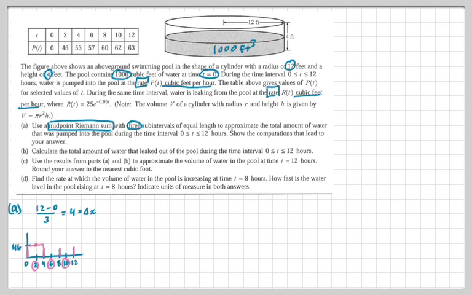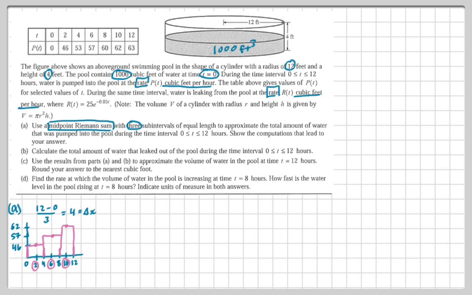And then this is what it would look like if we were to graph all those y values of the midpoints and then draw out our rectangles. At 2, we go up to 46, and so that's the height of our first rectangle. At 6, which is the middle of our next section, we go all the way up to 57, so that's the height of our second rectangle, and then our last rectangle.